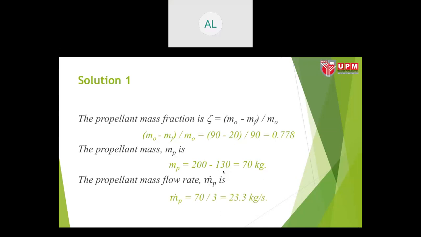Very good. So basically, M dot is the mass flow rate for the propellant, 70 kilogram divided by the time. Time is 3 seconds. So you get 23.3 kilogram per second. Make sure you put down the unit wherever needed. For example, for propellant mass, make sure you have the kilogram there. For mass flow rate, make sure you have kilogram per second.